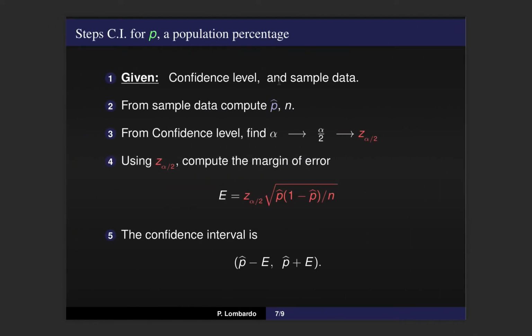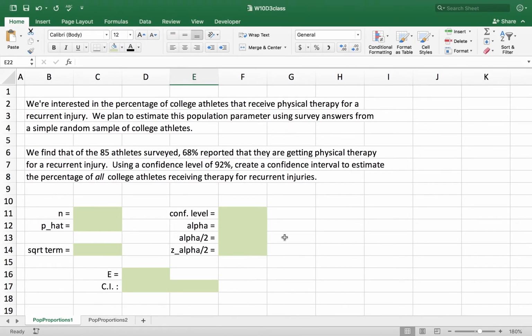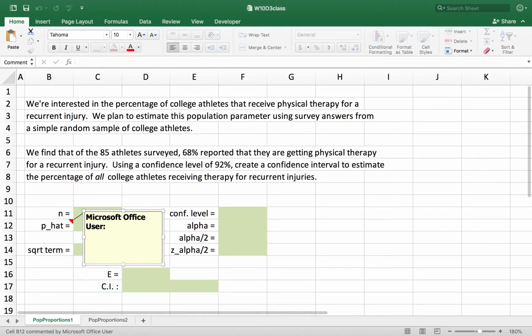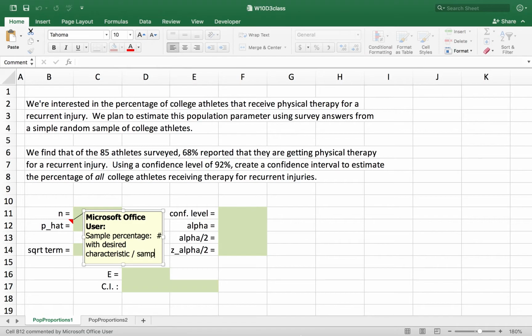So notice we're given a confidence level and some sample data. In this case, rather than being given the data, we're actually given the statistics that we need. Remember, n is our sample size, and in this case we have 85. P hat, if you want to leave yourself a little comment here, this is the sample percentage. And typically this is the number with the desired criteria or condition, characteristic maybe, divided by sample size.